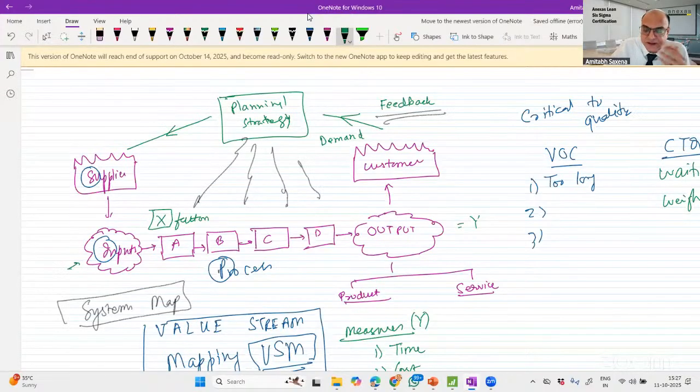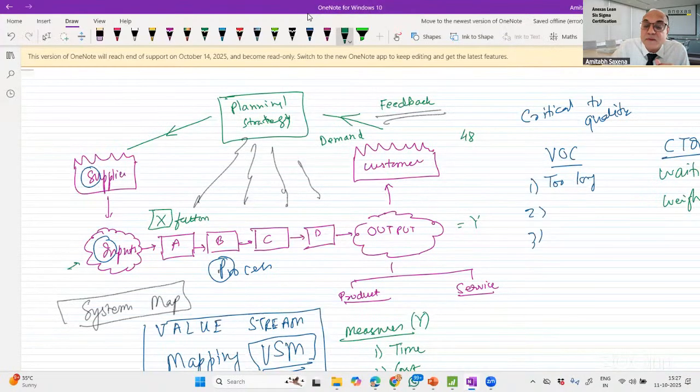You demand for your car is 48 cars. It's a small car company. I'm keeping the numbers smaller so that you understand. Every hour you are getting 6 customers. So every 10 minutes you are getting a customer on average.